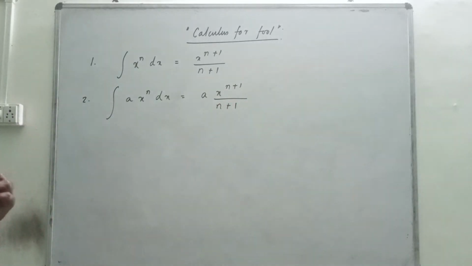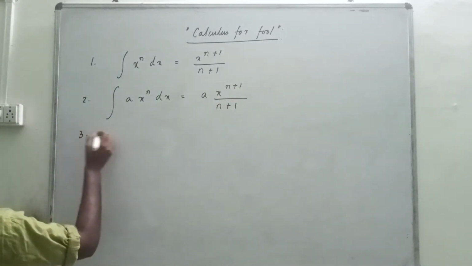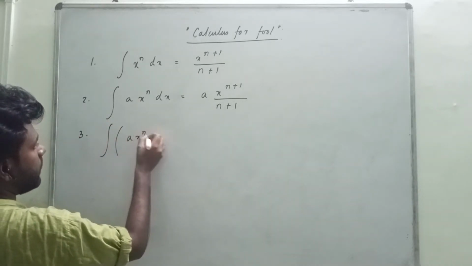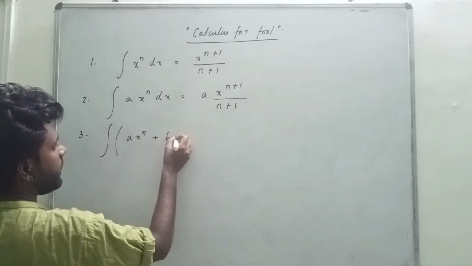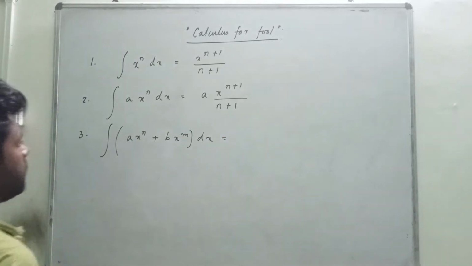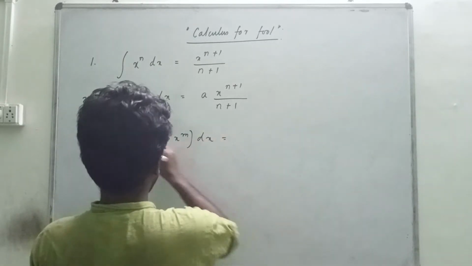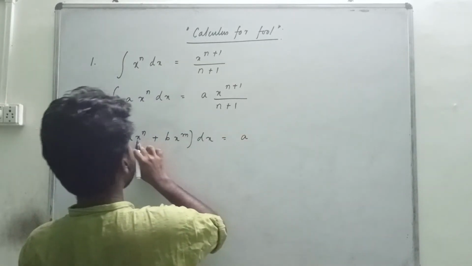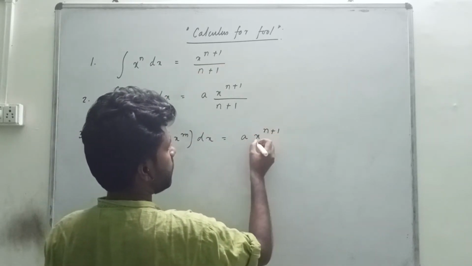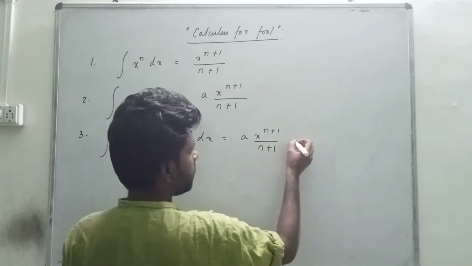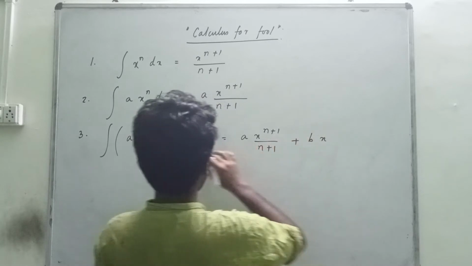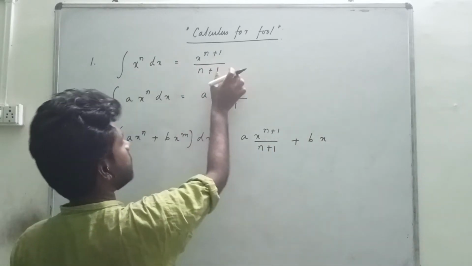And the last formula was if there is a x power n plus b x power m dx. The constant remains constant, x power n goes to x power n plus 1 over n plus 1, plus b remains constant here, and then x power m is a similar thing.